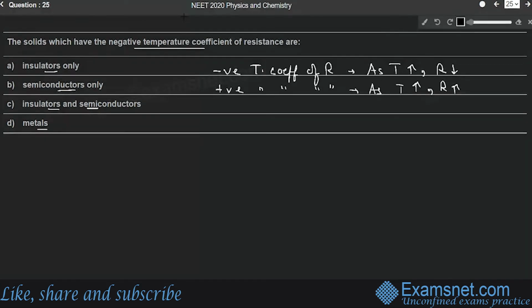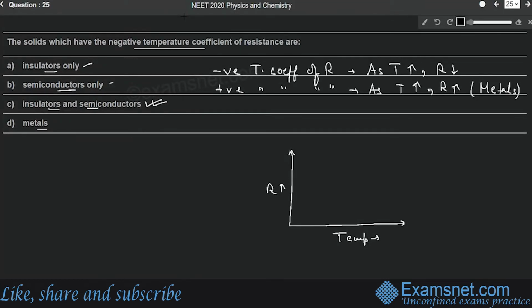Now positive temperature coefficient of resistance is related to conductors or metals, whereas negative is related to both insulators and semiconductors. So option C will be the correct answer. Okay, let's have a look at the graph. This is your temperature, and this side we have resistance.